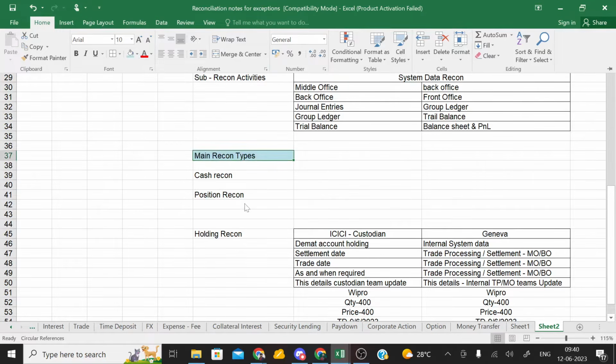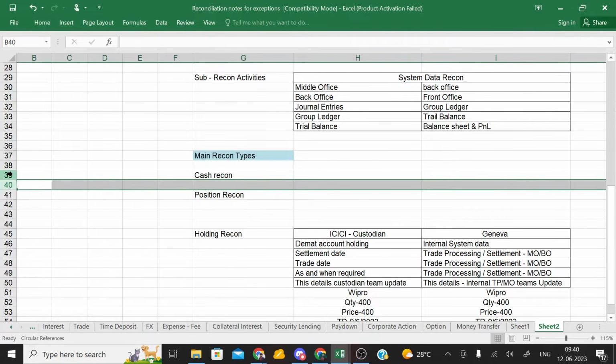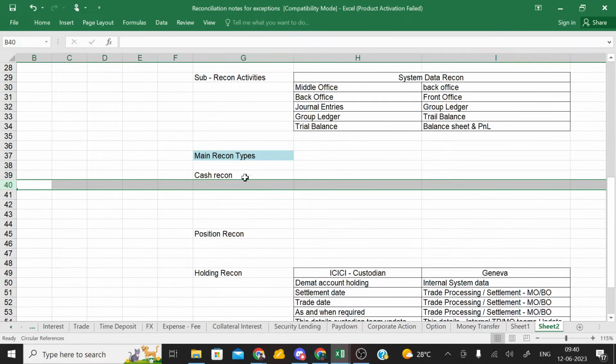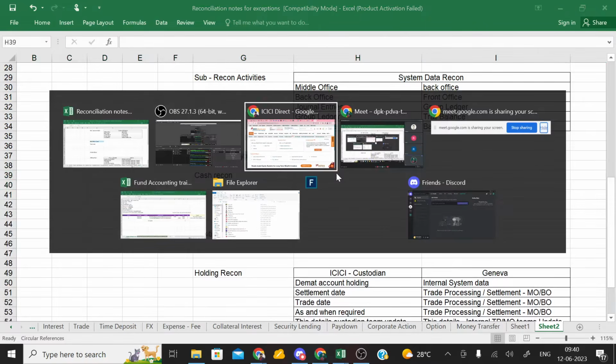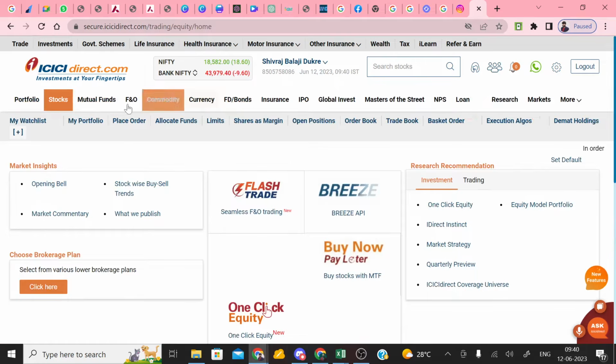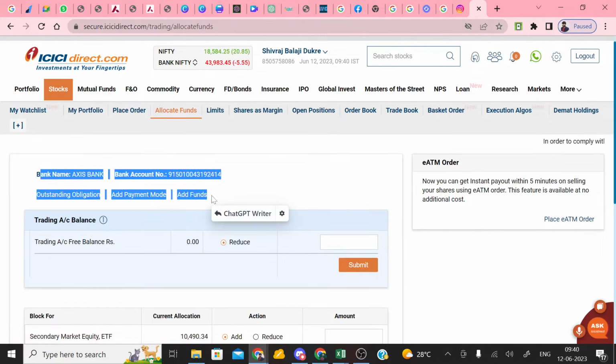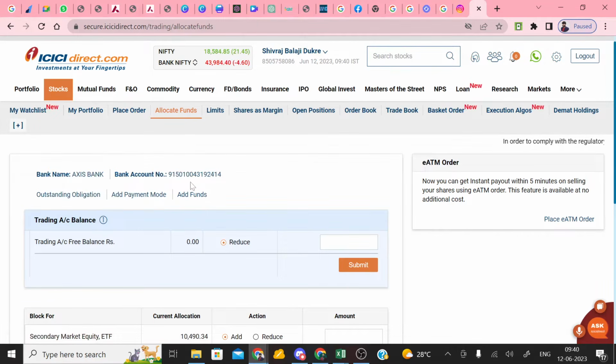No, sir. Okay. Then cash recons. Cash recons, it means you would see in a broker system here, stocks, my portfolio, allocation of funds. In the broker account, I have added a bank account, right? Why have I added a bank account? I have added a bank account where I can transfer the cash transactions.